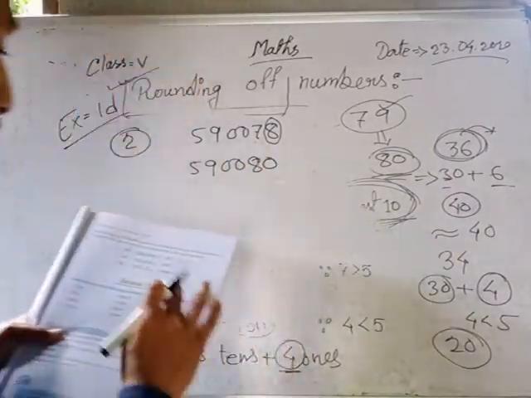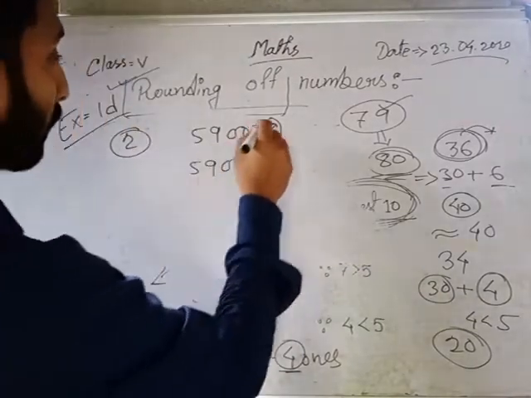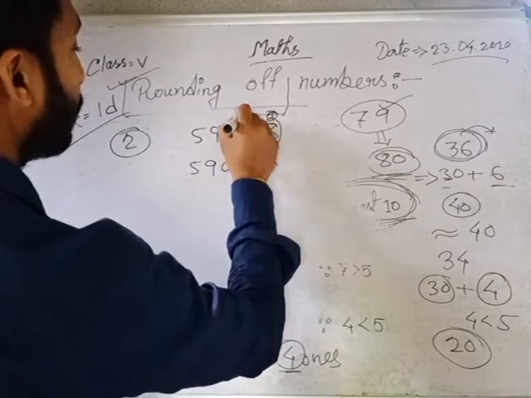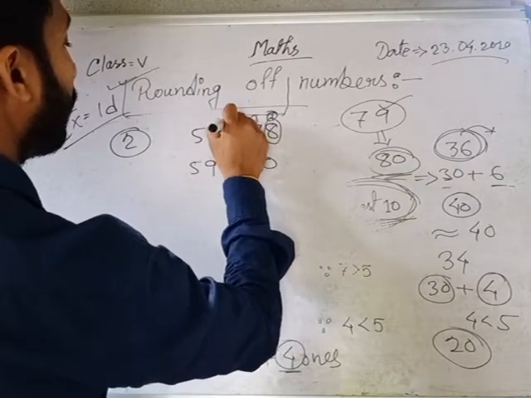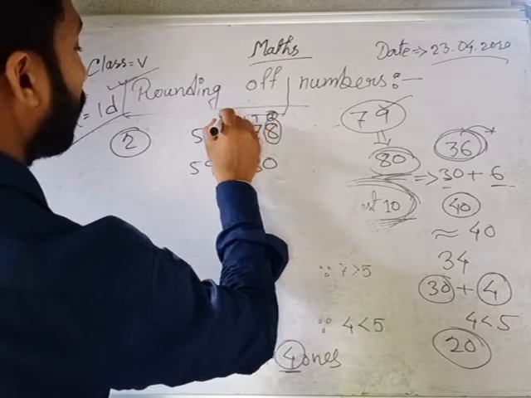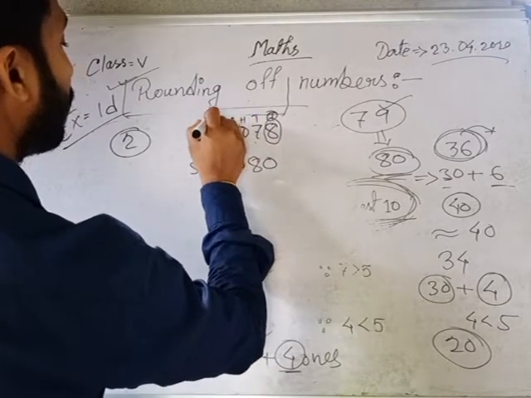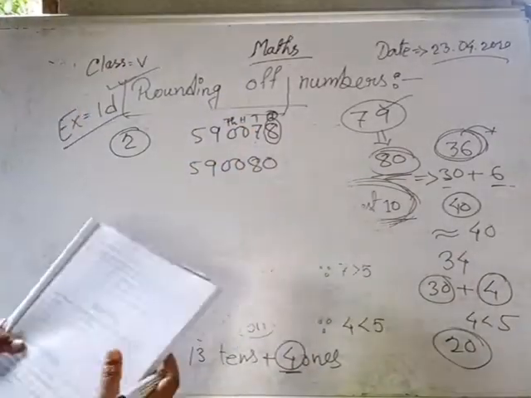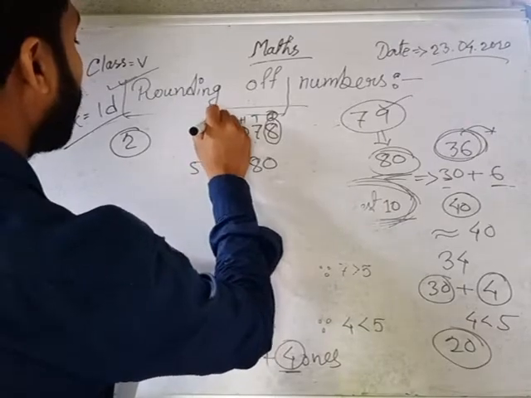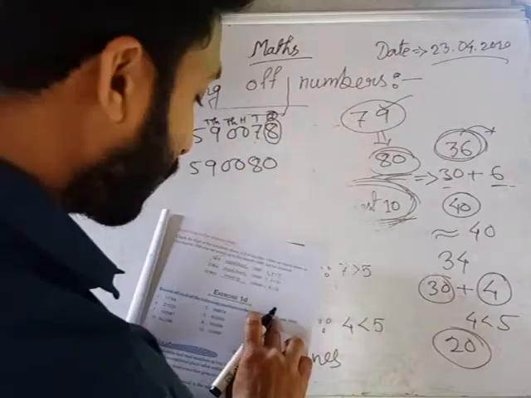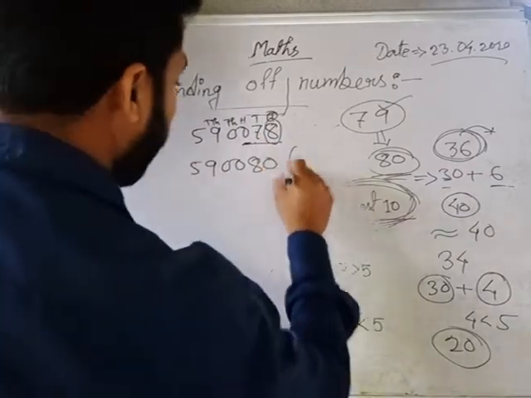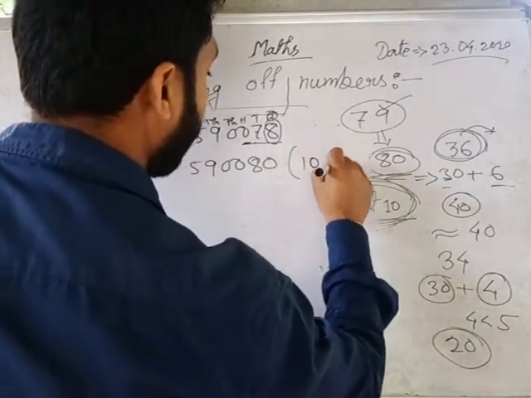Okay. The places are 10, 100, 1000, 10,000, and so on. Nearest to 10.